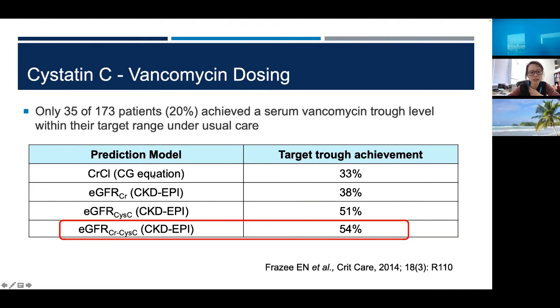You can see that the eGFR CKD-EPI using both creatinine and cystatin C has the best prediction model, with the most patients reaching the target trough vancomycin level. More than half of them would achieve it.